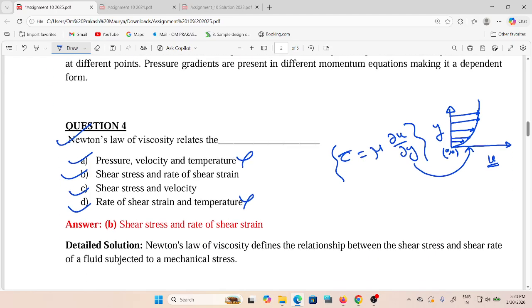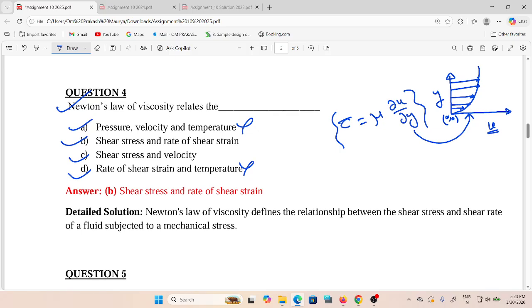So your option here is B, shear stress and rate of shear strain. This is your shear stress and this is your rate of shear strain. Remember please. So for question 4, option B is correct.